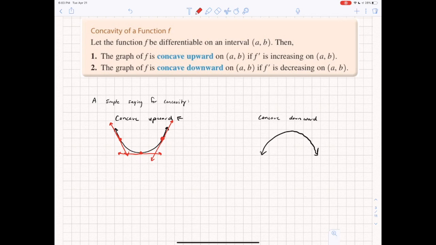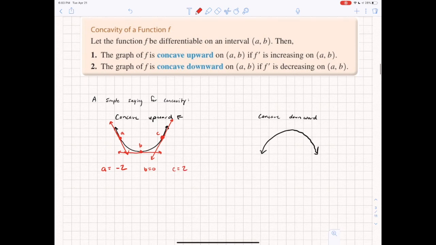And if we were to pick values of what we thought this might be, we could say at this point for A, maybe A has a slope of -2, right? Because it's falling, so it's got to have a negative slope. Well, at B, this slope would be 0. And then maybe at C, we said this slope was something like 2, just to have some symmetry. Well, notice in terms of the numbers, -2 to 0 to 2, as I go from left to right, what's true about this list of numbers that we would get for these slopes?